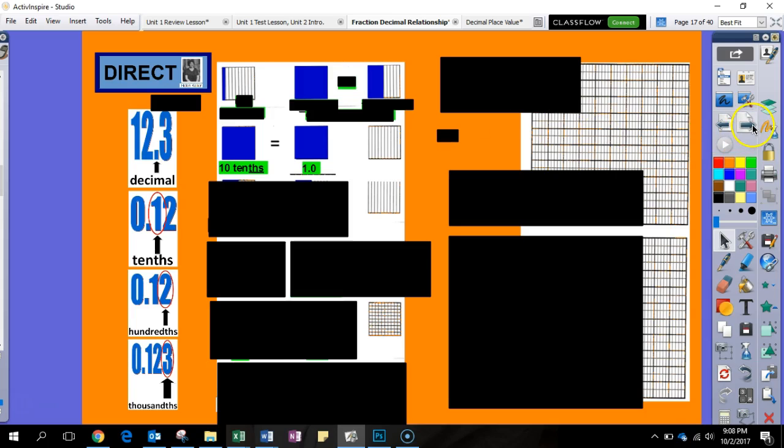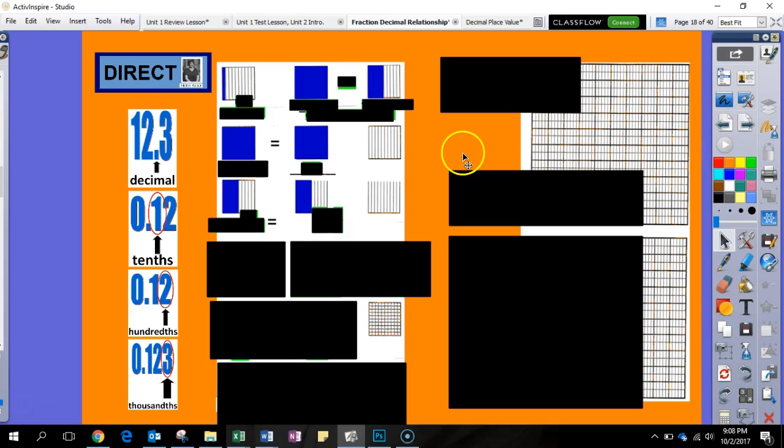Let's move to the third row of decimal squares, and we're going to shade in 5 columns in each of the first 2 boxes. Shade in 5 of the columns. We've already said that that would be 0.5, because one column was 0.1. 0.5 of course is 5/10.